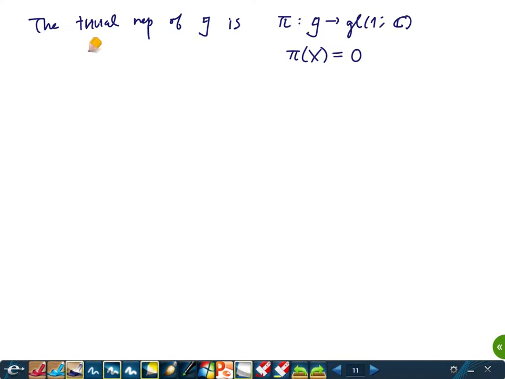Then again, is this an irreducible representation? Yes, it's acting on a vector space V of dimension 1, so it's again irreducible.